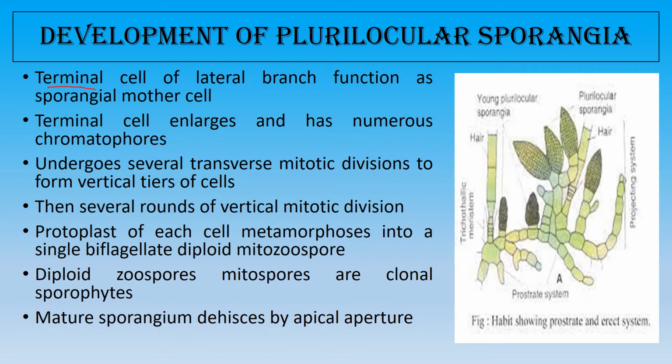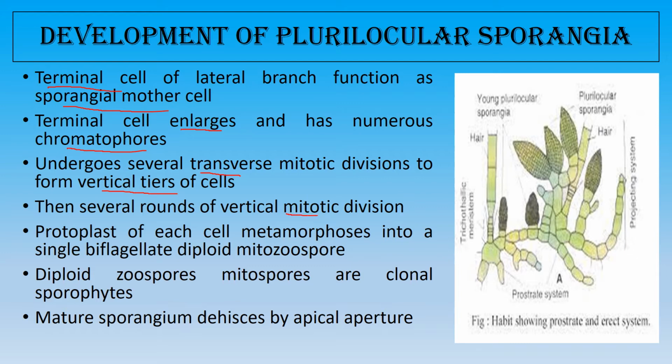The terminal cell of any lateral branch develops into a sporangial mother cell. How does it develop? The terminal cell enlarges in size, increases the number of chromatophores, and then undergoes a series of transverse divisions, and then a series of vertical divisions. In this way, the single mother cell gives rise to a plurilocular sporangium.